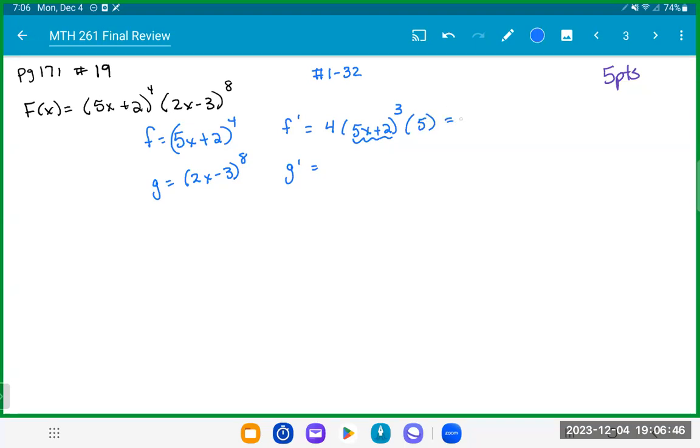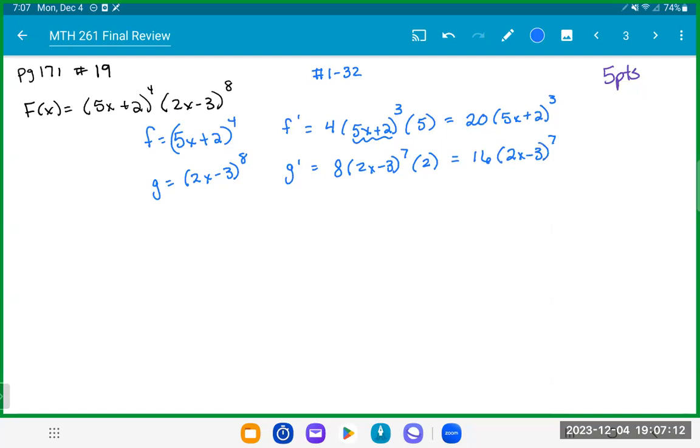So we can simplify that to 20 times 5x plus 2 cubed. When we do the same thing with our g function, we get 8 times 2x minus 3 to the 7th times the derivative of the insides, which is 2. So that will be 16 times 2x minus 3 to the 7th.